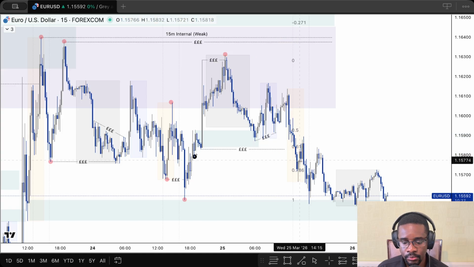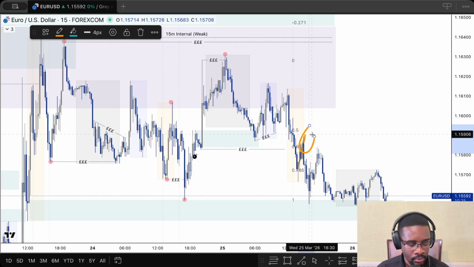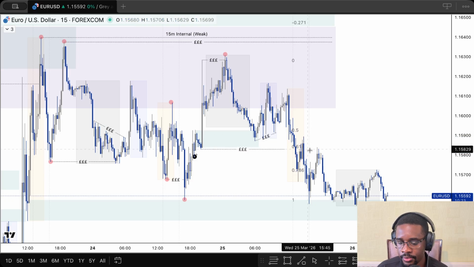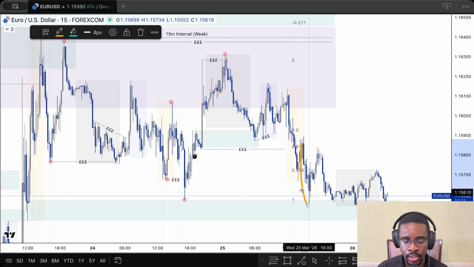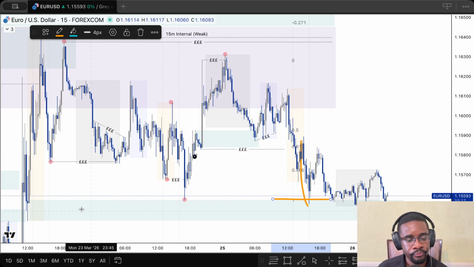So these were not good trades on the lower time frames. Eventually price just collapsed, and then we went on to hit this supply, this demand at the bottom.